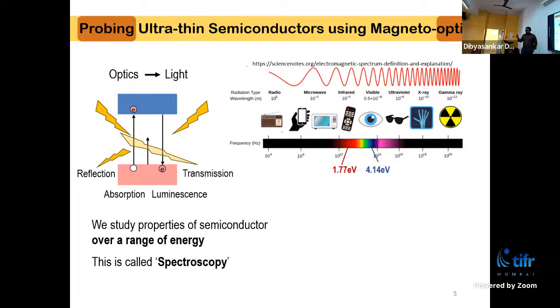The bottom line is that you are studying some property over an energy range. We have people in TIFR itself who use a range of energies of electrons, so they call it electron spectroscopy. I use light, so I say it is optical spectroscopy. There are people who use fluorescence, they call it fluorescence spectroscopy. But spectroscopy means you study some property over an energy range. That's all.